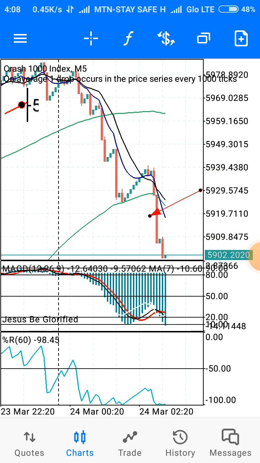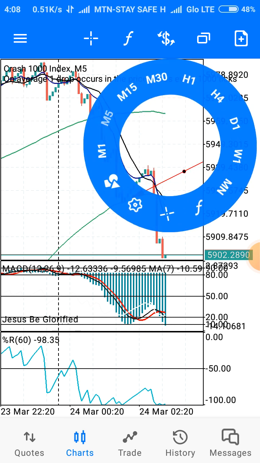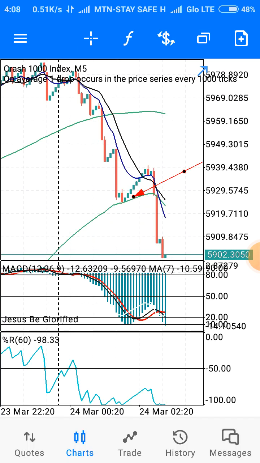On crash 1000, another entry is forming here already. You can see that price is already outside of this Bollinger Band, the lower side, and is piercing down. So we are looking forward to our signal playing out. Okay, what is left now?